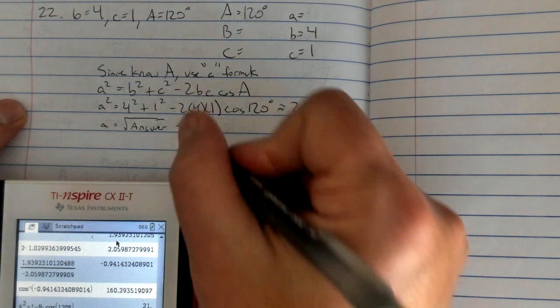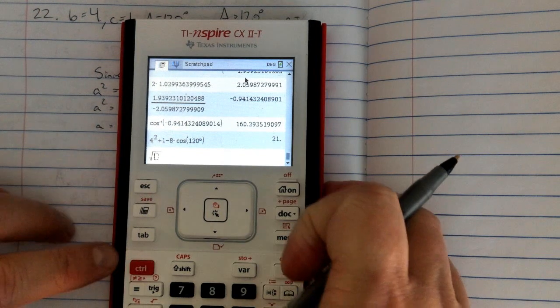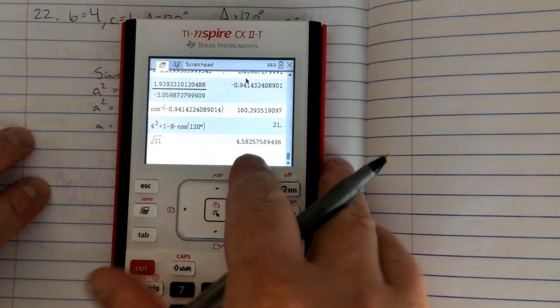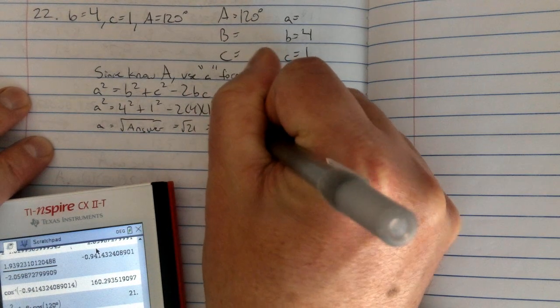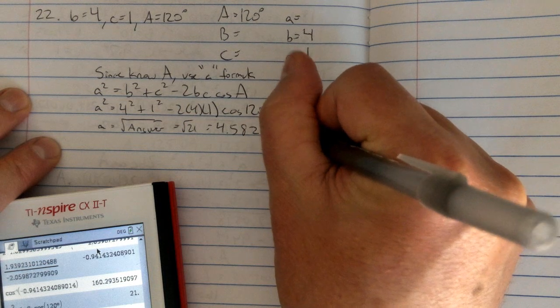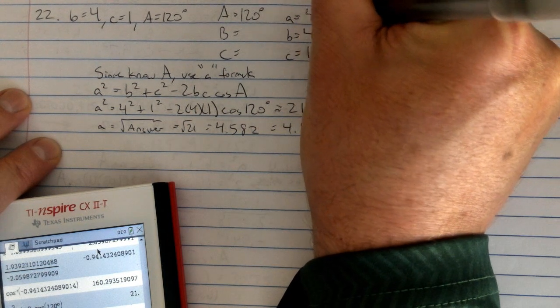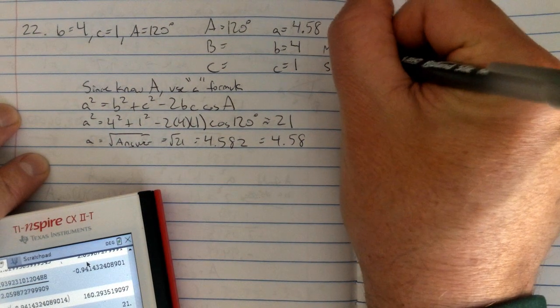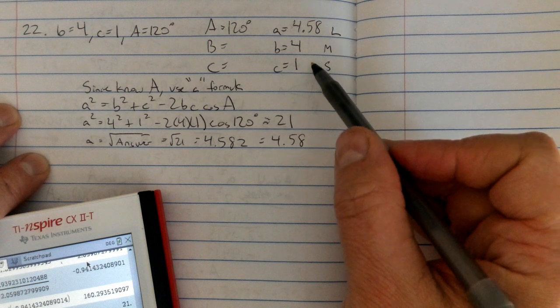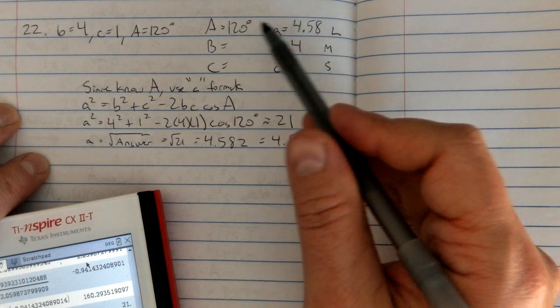And now we need to do the square root of 21. And that's 4.582. So we get 4.58. And so this does follow the small, medium, large, with 1 being the smallest, 4 is medium, and 4.58 is large.